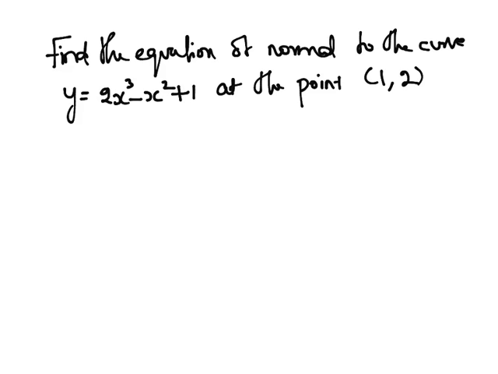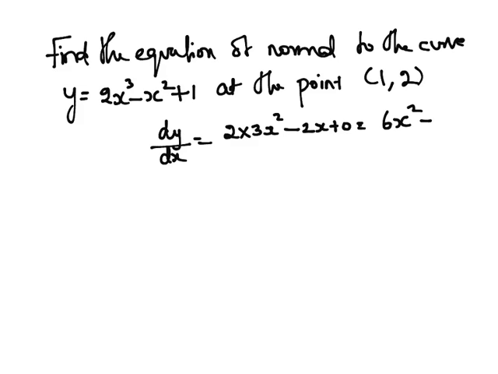So I get dy by dx equal to 2 times 3x squared, since the derivative of x cubed is 3x squared, minus 2x plus 0. So basically I get 6x squared minus 2x.